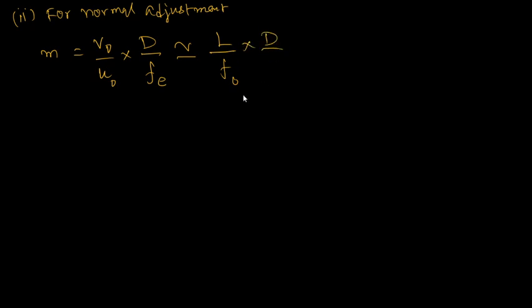What is f0? Objective focal length. That is focal length of the objective lens into D by focal length of the eyepiece. Is it clear?